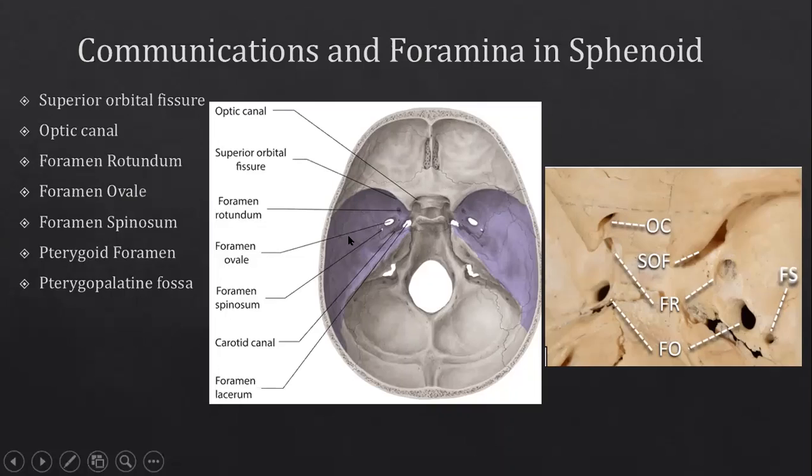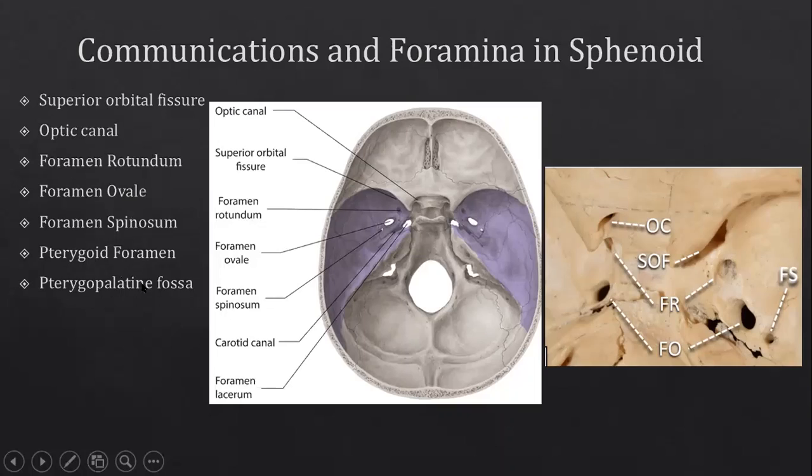So the foramina are going to be oriented either front to back or superior-inferiorly. The foramina which are oriented front to back are the superior orbital fissure, the optic canal, and the rotundum. The pterygoid foramen is also oriented anteroposteriorly, while the foramen ovale and the spinosum are oriented in a supero-inferior direction.